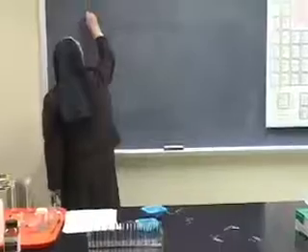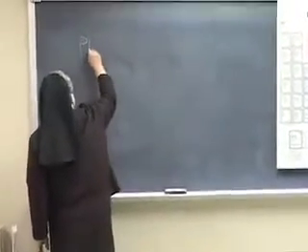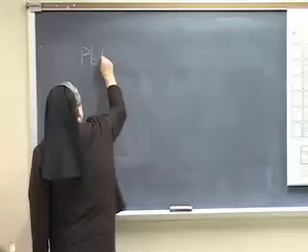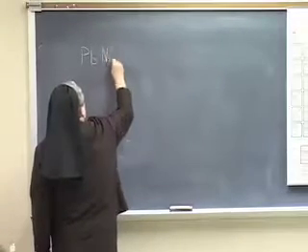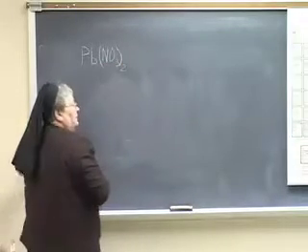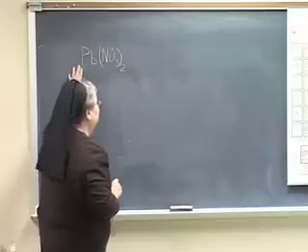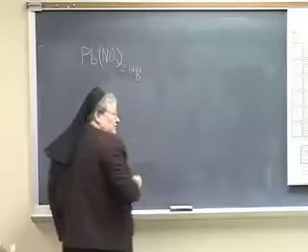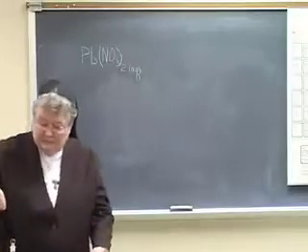What this is, it's lead 2 nitrate. So lead has a +2 valence. Remember, it's a type 2 metal. Lead, Roman numeral 2 nitrate, and it's aqueous. Let me show you these substances.